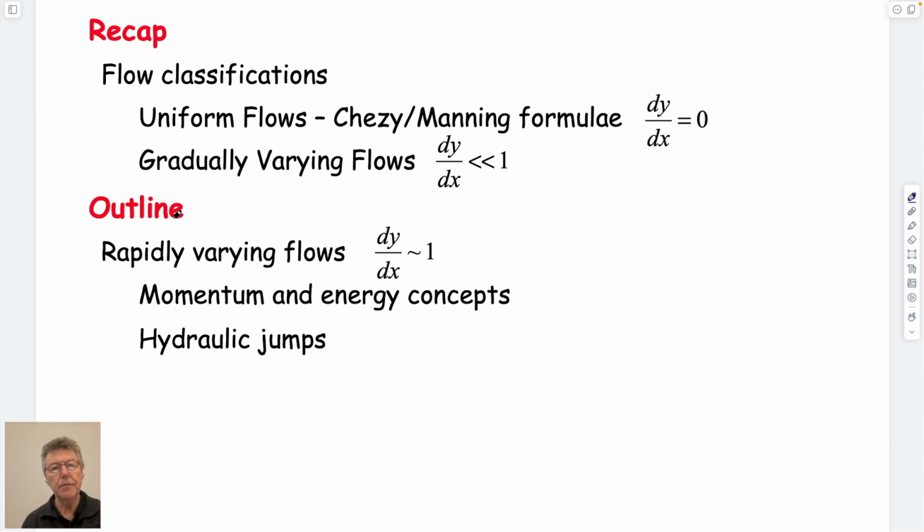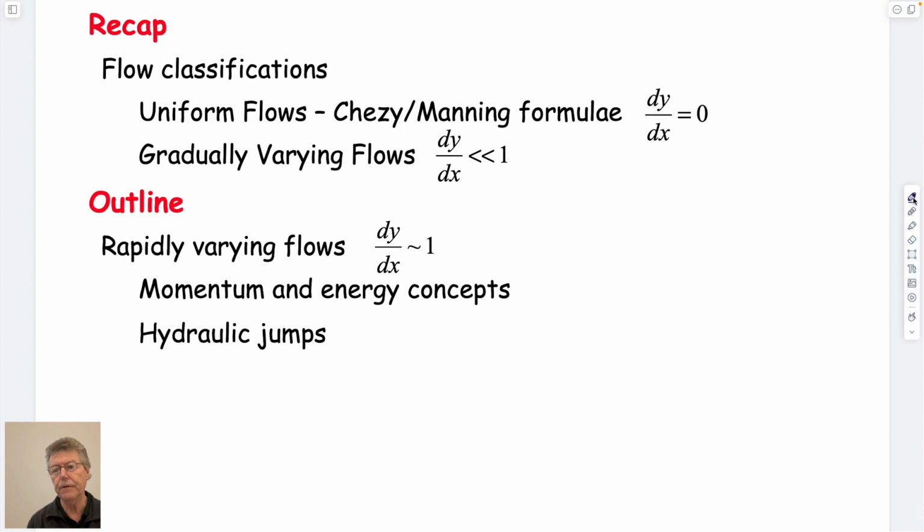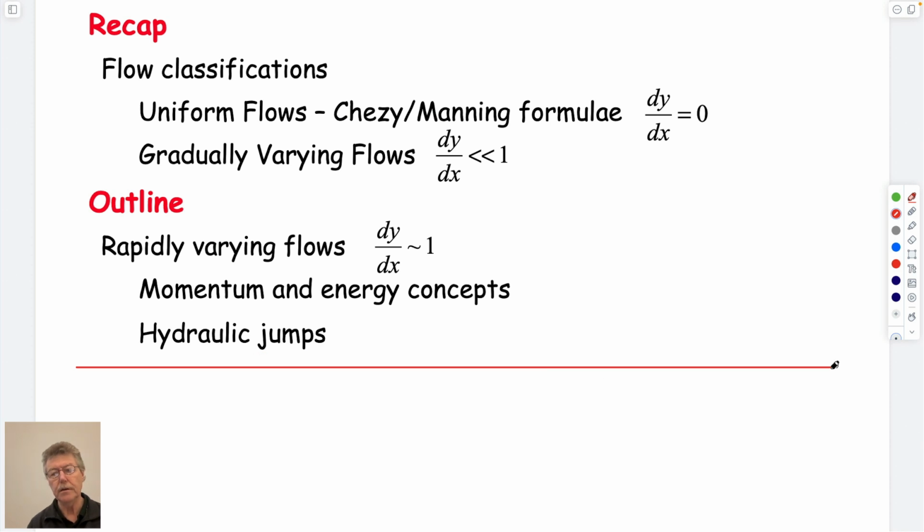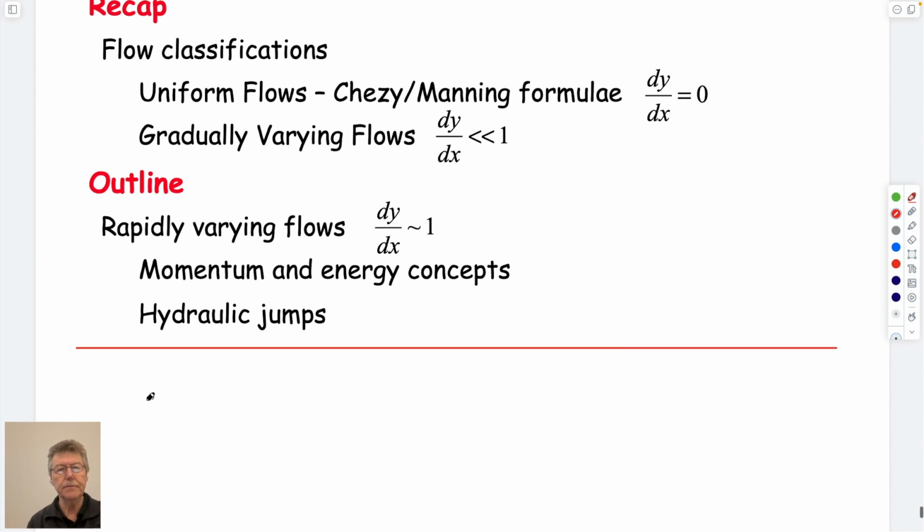Just to summarize what we have done so far, for uniform flows, we know that the depth with length downstream is constant.